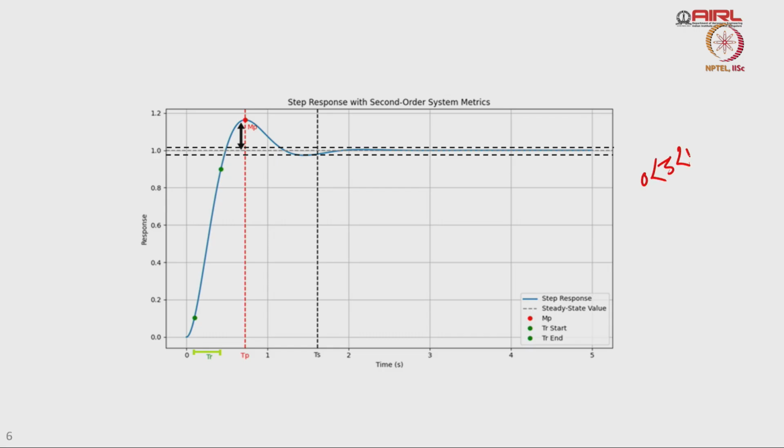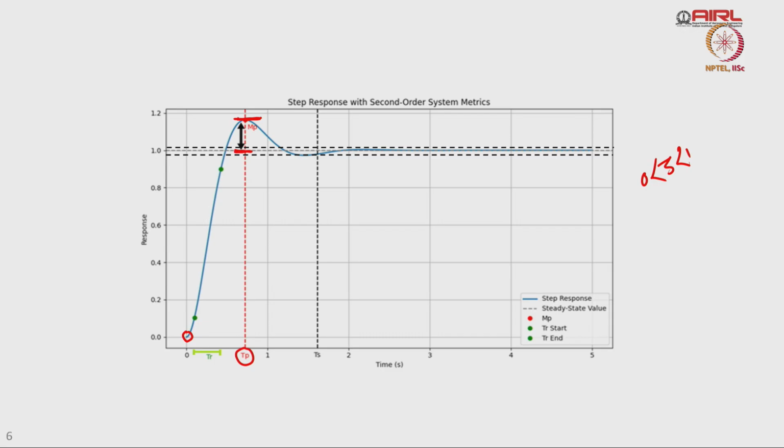When we check a typical response of a second order system with zeta value between 0 and 1, we have seen that we get a decayed oscillation in the system response. What do we mean by that? The response rises from some point, goes high till this point, which is called the maximum or peak overshoot over the steady state value. This black arrow shows the peak overshoot. The time stamp at which the peak overshoot occurs is called peak time, Tp. When the response rises from, say, 10% to 90% of what?